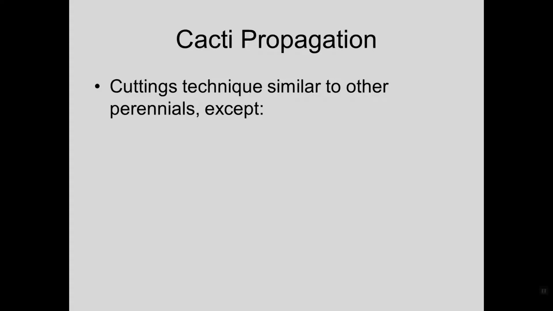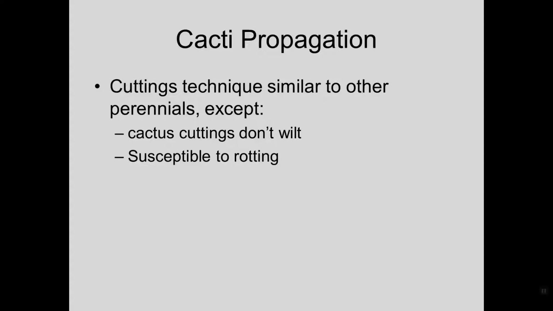So techniques for cuttings are similar to other perennials, except cactus cuttings don't wilt. They're big and sturdy and full of water. Because they're full of water, they rot easily, and you can often take suckers or offsets or tubers from succulents. Think of an agave.